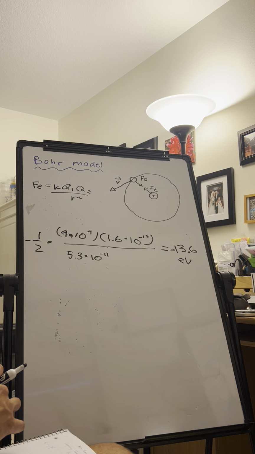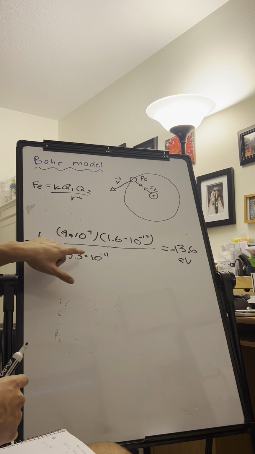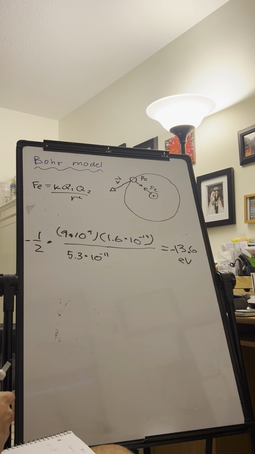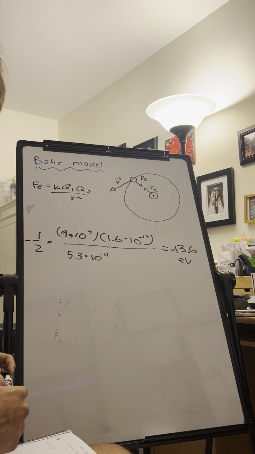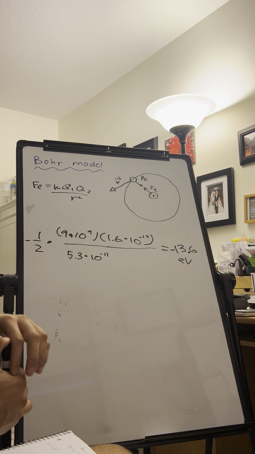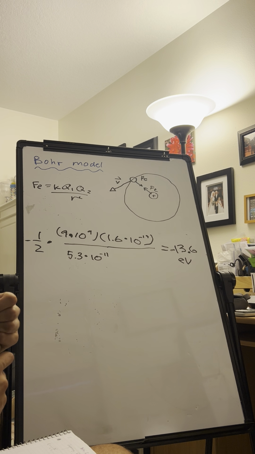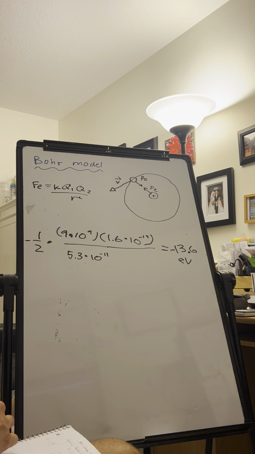Now, to calculate the energy for other states, because this is in ground state, you would just find the radius of the electron, because as the electron increases excited states, it has a larger radius, and you would just input that radius into the equation.